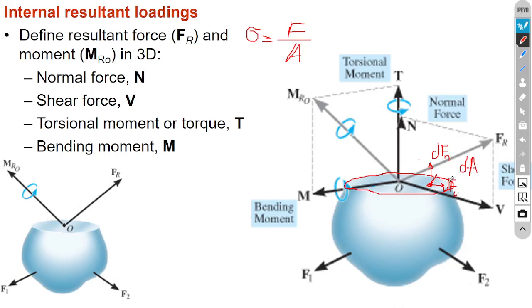Since the area is like a point, very small in size, the stress is written as the differential force over the corresponding area. This ratio gives us not the average stress, but the stress at the point.